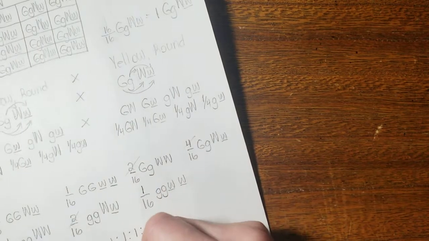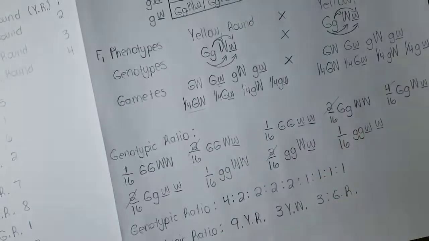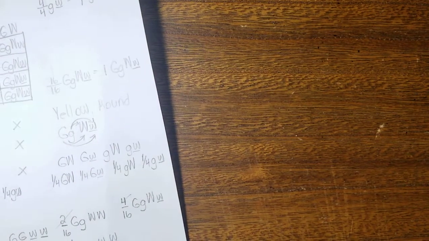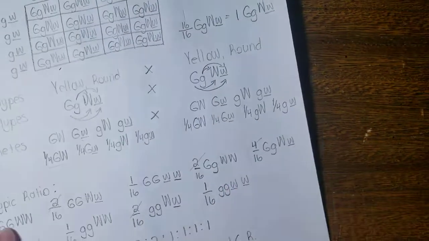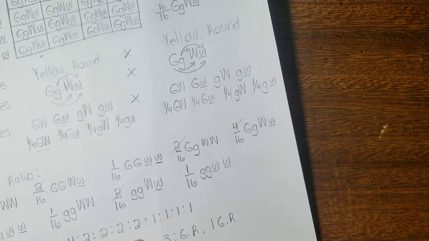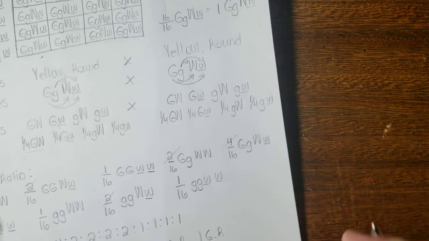And we have 3 green and round. For the last one, green and wrinkled, there's only 1. So 1 green and wrinkled. So the phenotypic ratio is 9, 3, 3, 1.